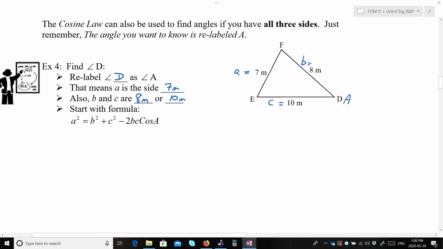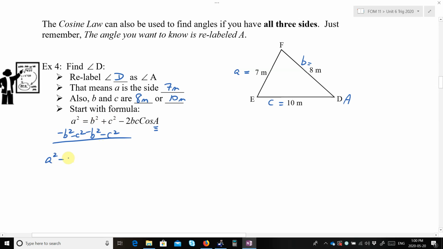I often give this transposed formula on any test or quiz as well, but what we have to do is get that A by itself. And so what's happening? Cos is acting on it. It's multiplied by negative 2bc. We're adding c squared and we're adding b squared. So what I have to do is subtract b squared, subtract c squared from both sides.